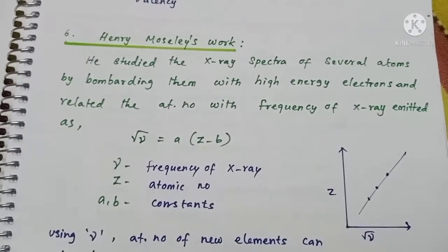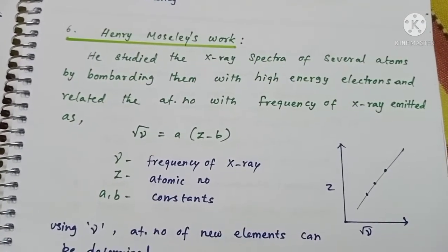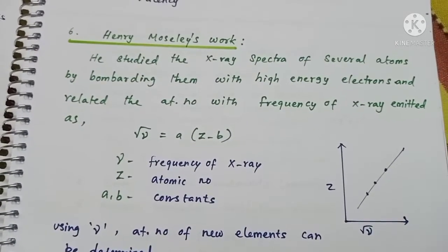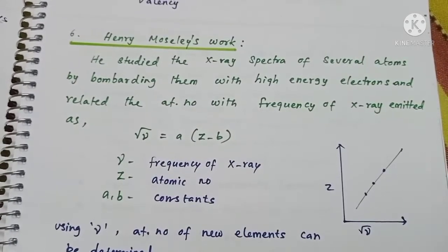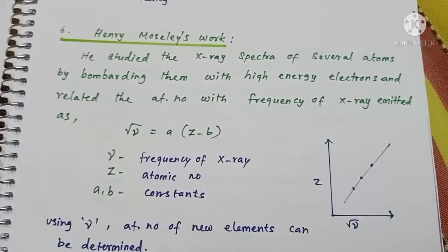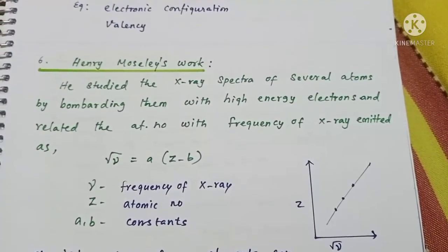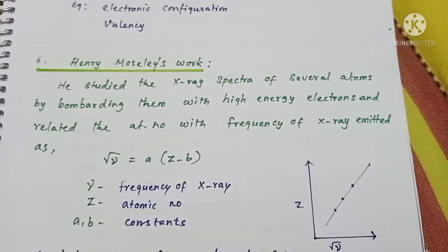That graph was very useful to find out the atomic number of new elements. Using the frequency of the X-ray emitted from a particular atom, the atomic number of that unknown atom can be easily determined. That is one important application of Henry Moseley's work.